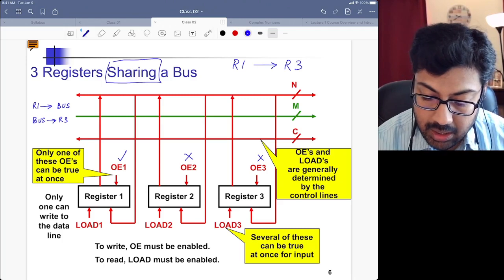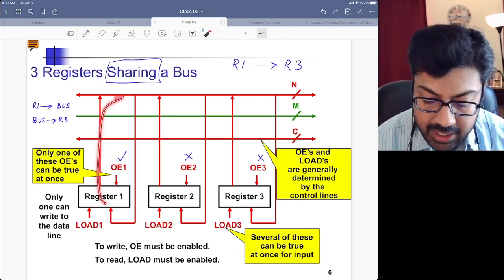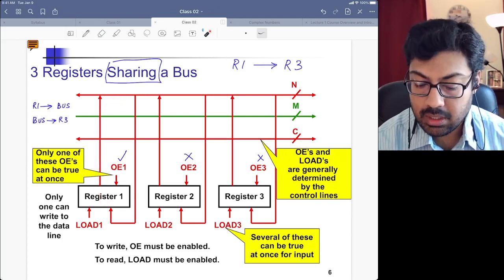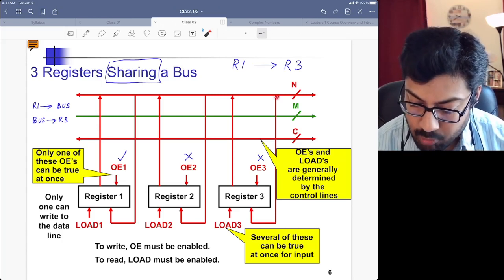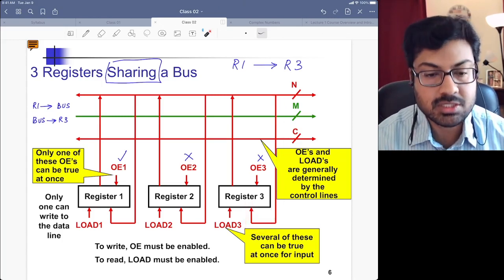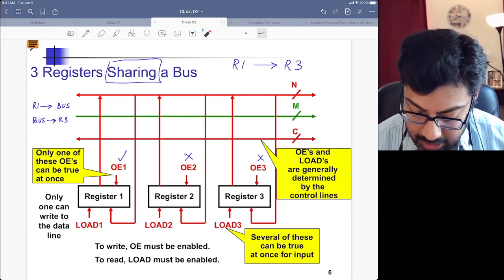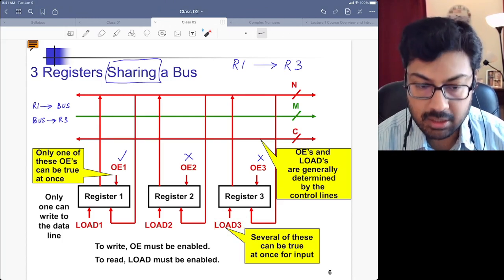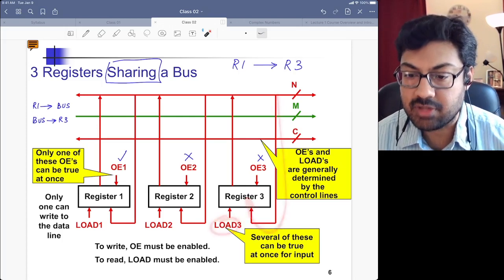Next, once I do that, I will be able to read the contents of register 1 out on the data bus. After that is complete, I need to now move that into register 3. So I need to load that into register 3. I need to write that into register 3. Now what do I do? I just enable the load 3 signal. By doing that, I would have moved it into register 3.